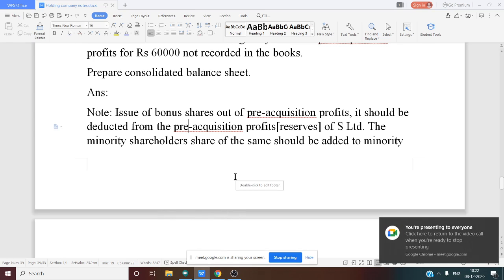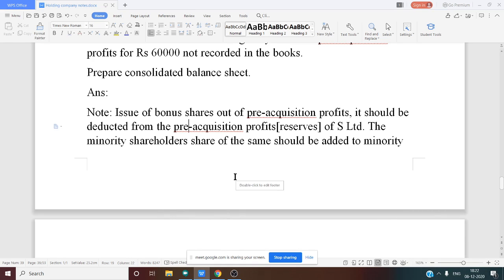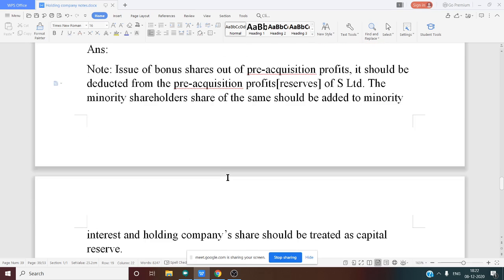For the minority shareholder, usually there are three things: capital of subsidiary, total reserve of subsidiary, and total profit of subsidiary. But in this question, there is one more separate heading you have to show, that is the bonus issue. Then there is a revaluation profit that also comes, so that adjustment you have to make. Yes, that is one more note.